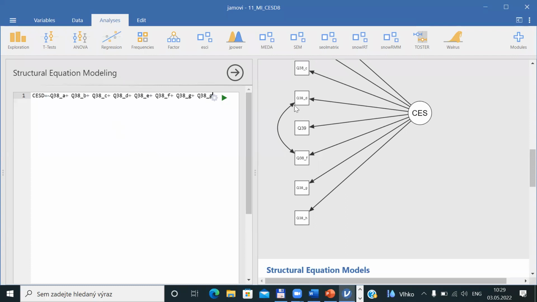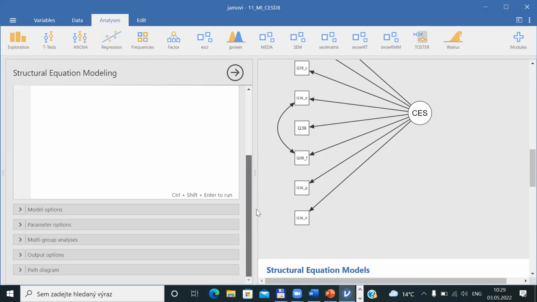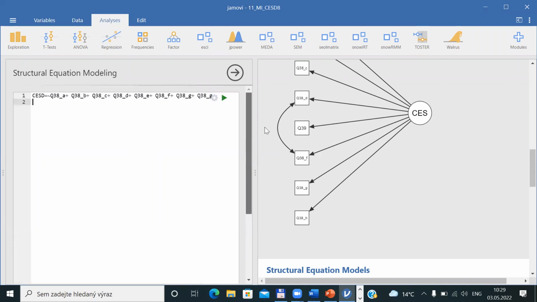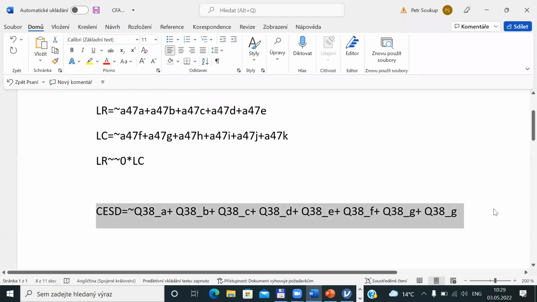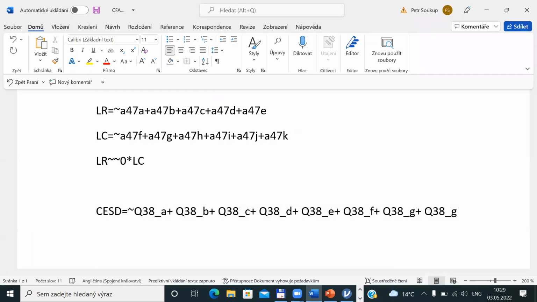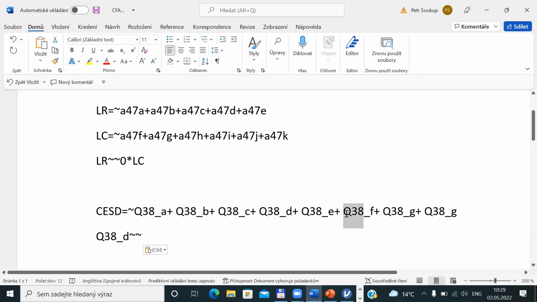And you know from previous discussion that we also connected random errors for these. We need to also assign it here by command. There is no chance by clicking here, as there is no dialog for covariance parameters. So I would need to type, and that's quite strange in lavaan, that Q48D should be related, so it means double tilde should be here, to Q48F.